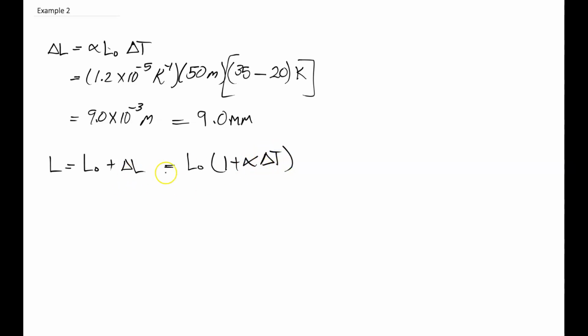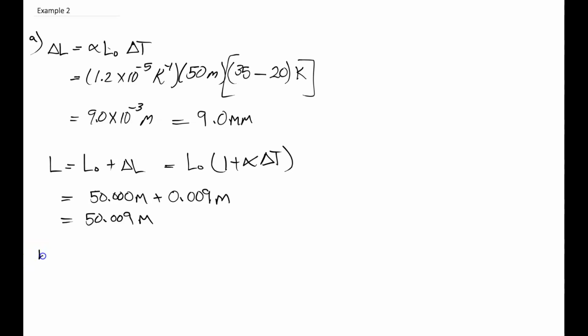So keep in mind that those are the same, would equal 50 meters plus 0.009 meters, or 50.009 meters. So this is what the tape measure would feel or read.